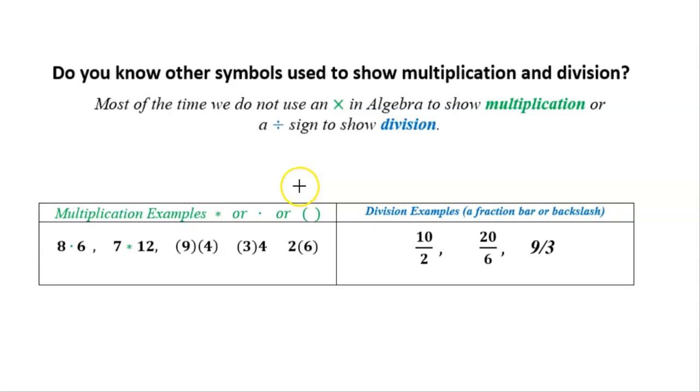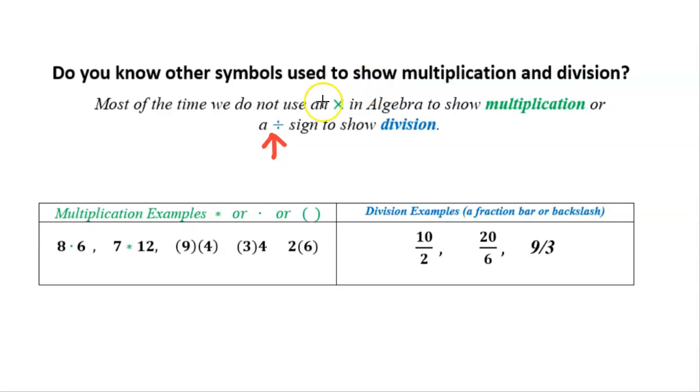So before we get into order of operations and simplifying numerical expressions, we need to get some notation understood. Do you know other symbols used to show multiplication and division in math? Most of the time we don't use the X in algebra to show multiplication or the division symbol here with the two dots to show division.